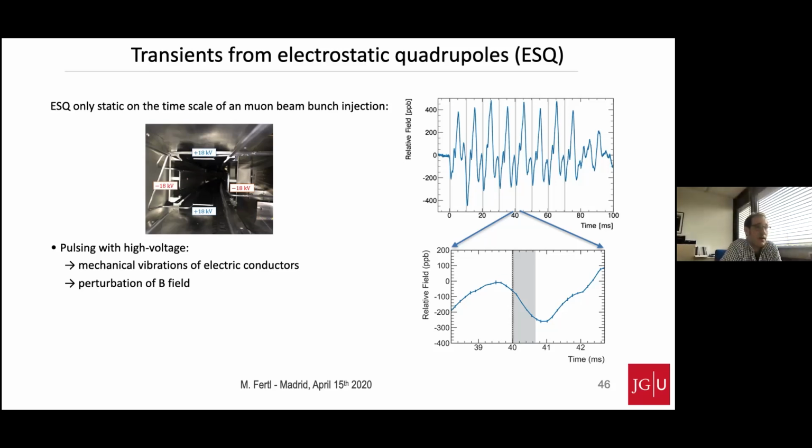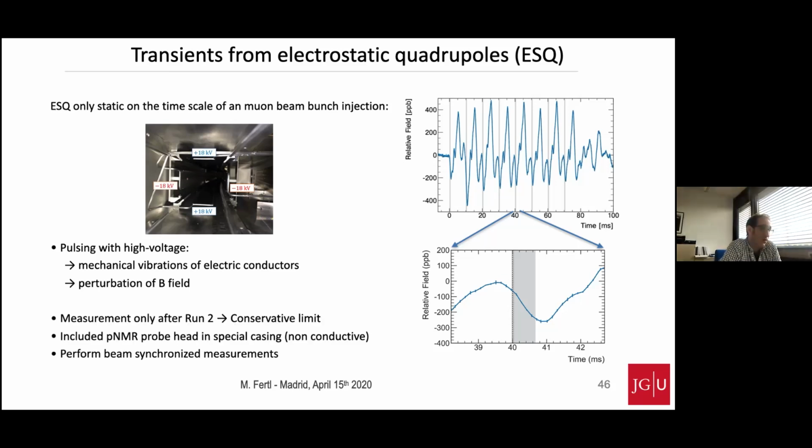This is one of the effects that took us so long to analyze, because we had to build dedicated NMR probes with special heads that we could employ inside these electrostatic quadrupoles without sparking or ruining our NMR probes. These measurements are performed in a synchronized beam mode, delaying the time of measurement relative to the beam injection. That's how we were able to reconstruct that pattern.